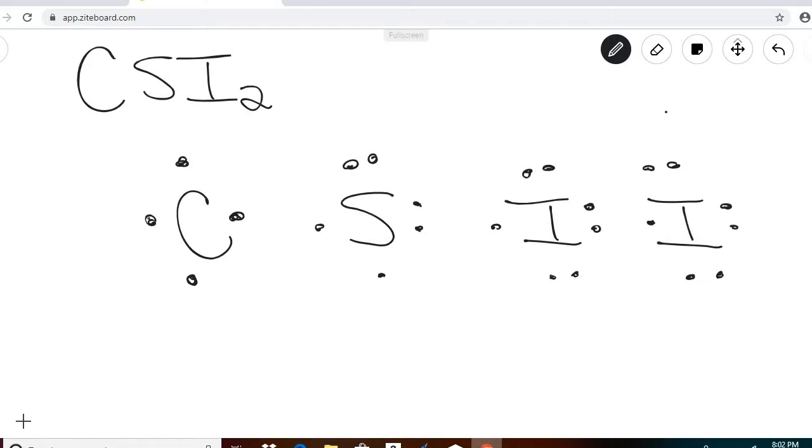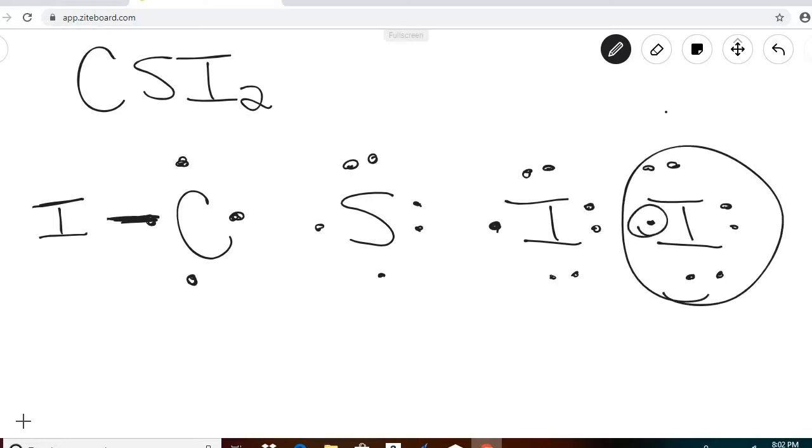So again, carbon's going to be our central atom because it has the most unpaired electrons. So let's start with these iodines. Since they each have 1 unpaired electron, let's bring those over here and share this electron, 1 electron with the carbon, and then we'll do the same thing with this one.